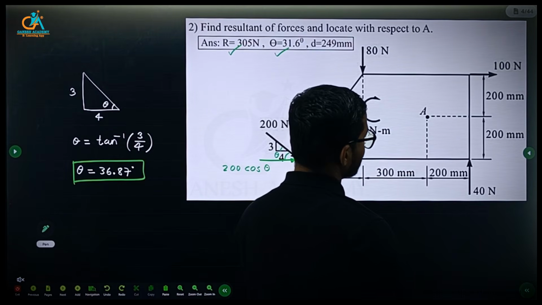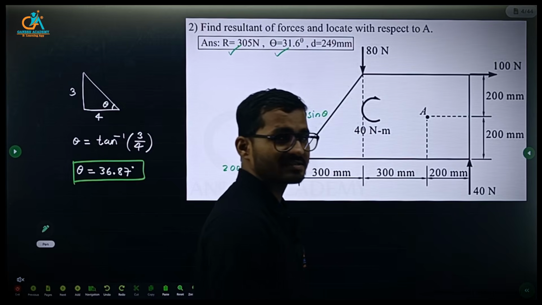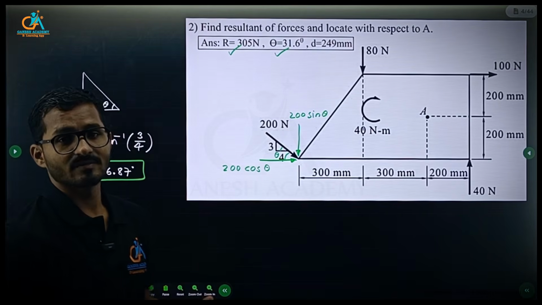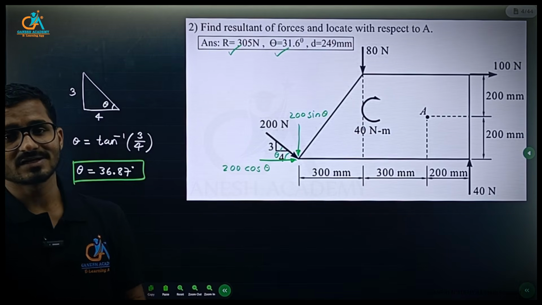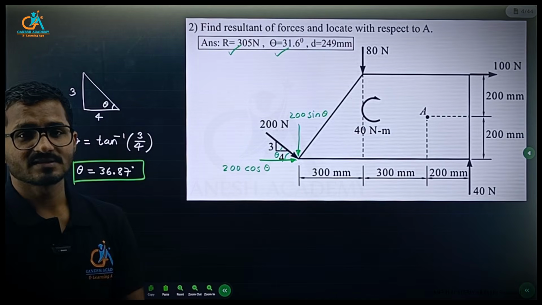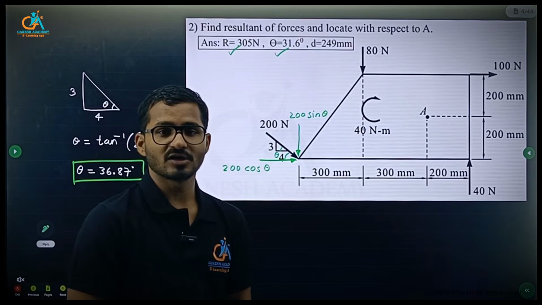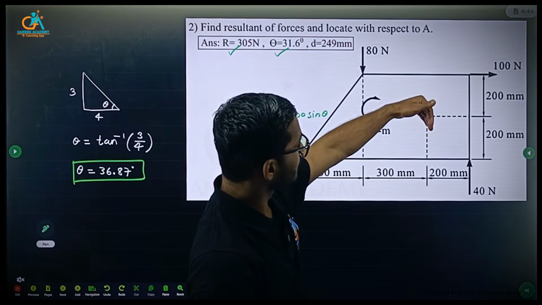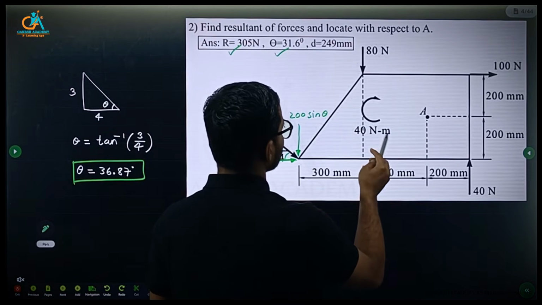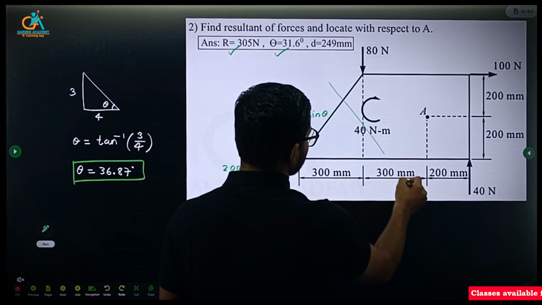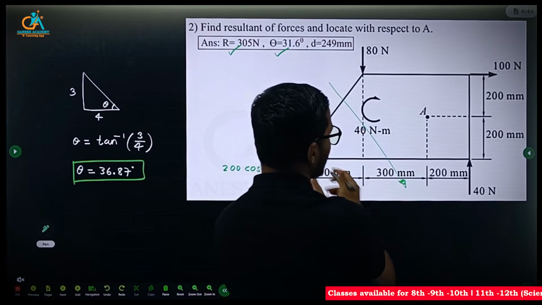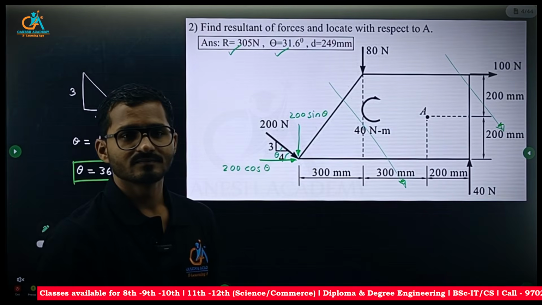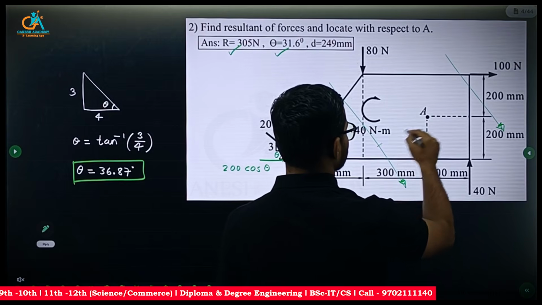We are sure that the resultant has magnitude 305 and the angle made by the resultant with the horizontal is 31.6. But what is the distance of that resultant force from the given point A? We need to make sure whether the resultant is to the left of A or just right of A, and we have to find this distance.